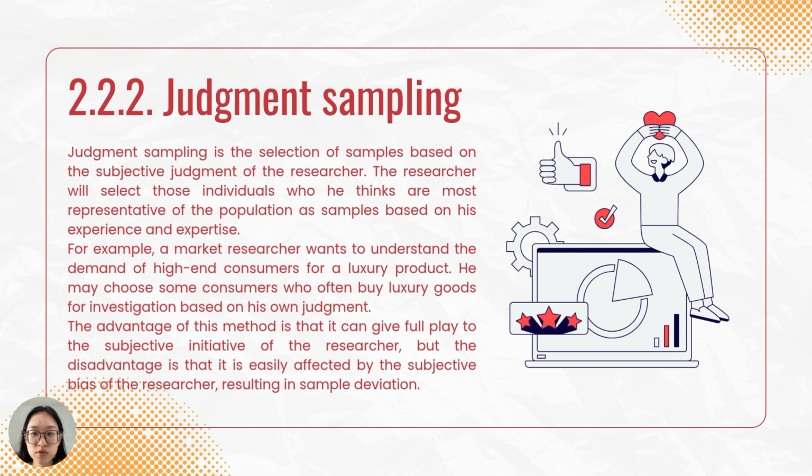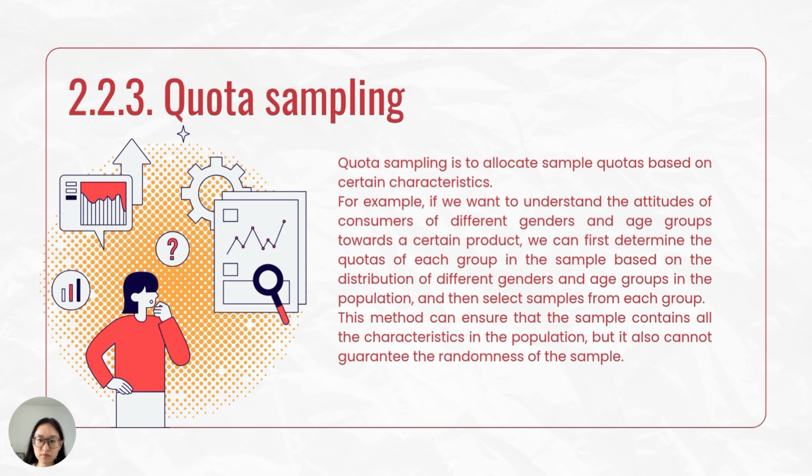He may choose customers who often buy luxury goods, based on his own judgment. This sampling method can give full play to the subjective intuition of researchers, but its disadvantage is that it is easily affected by the subjective bias of researchers, which leads to sample bias.